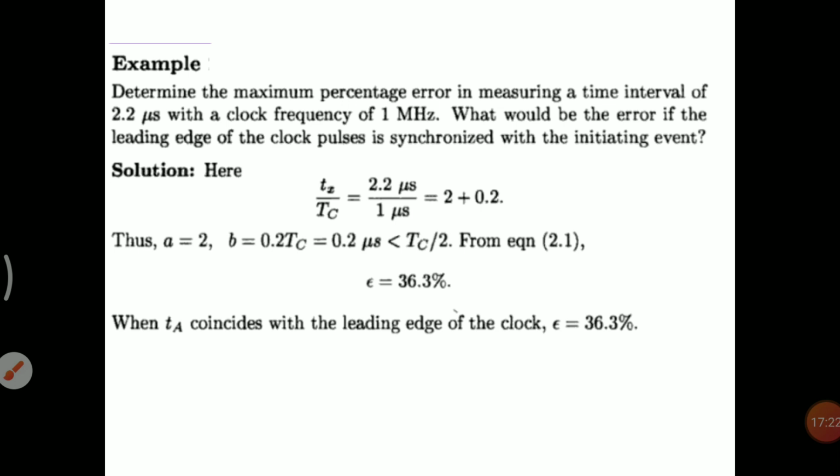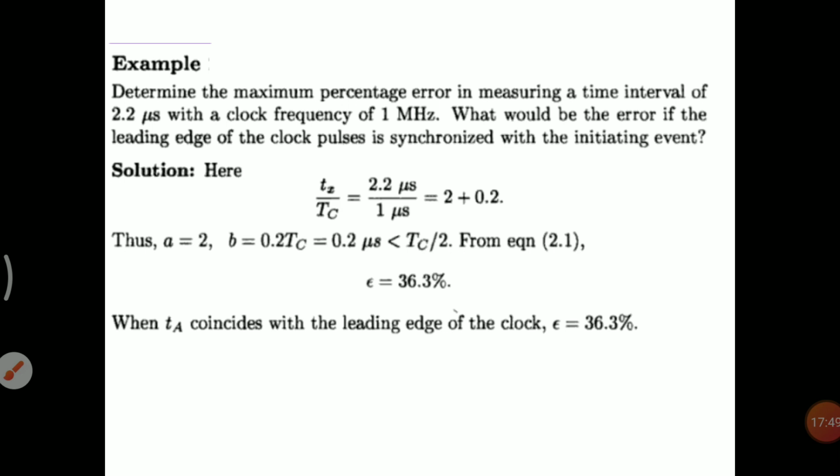So let's take this example. What is given? Determine the maximum percentage error in measuring a time interval of 2.2 microsecond with a clock frequency of 1 megahertz. What would be the error if the leading edge of the clock pulses is synchronized with the initiating events?